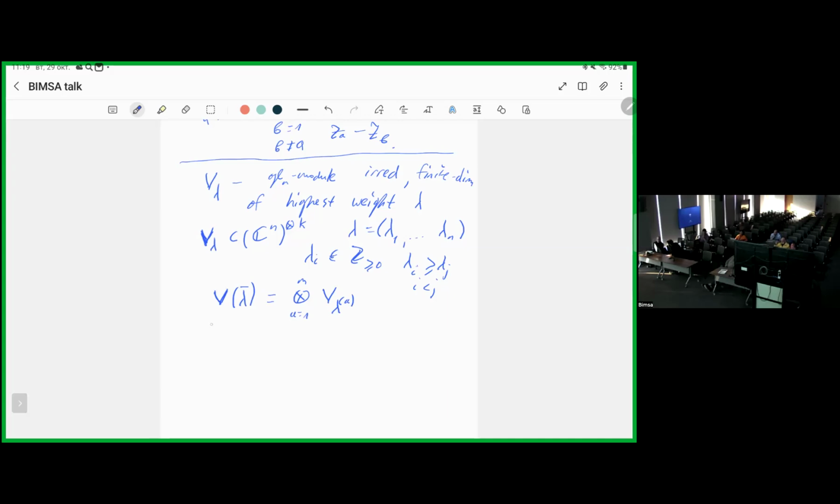And well, my U(gl_n)^{⊗m} of course acts on it, and so does the Bethe algebra.